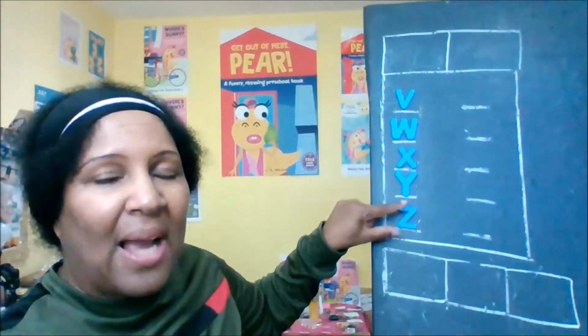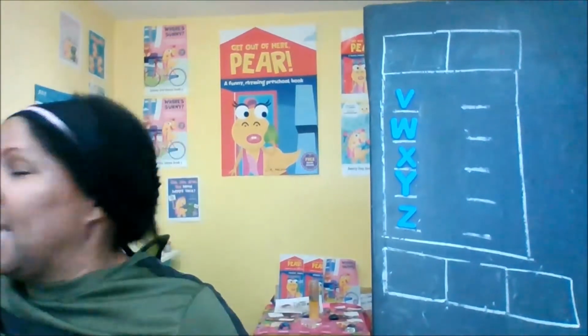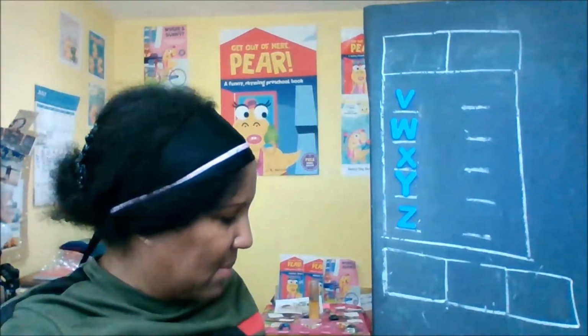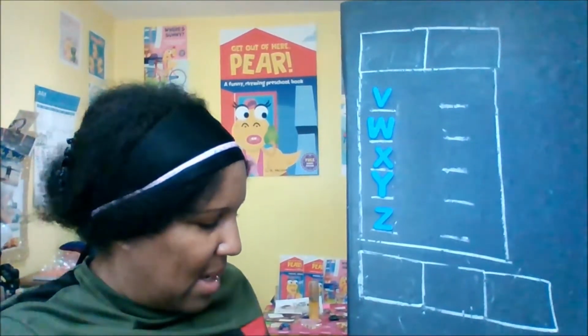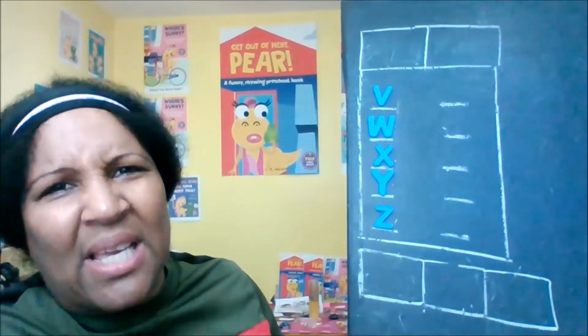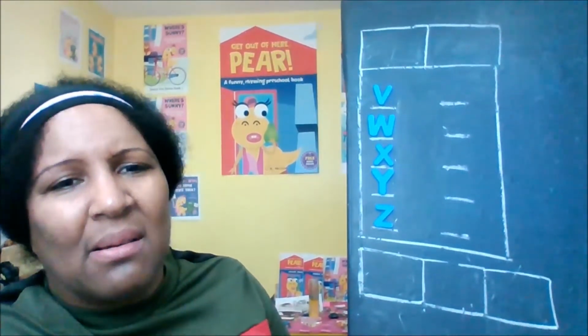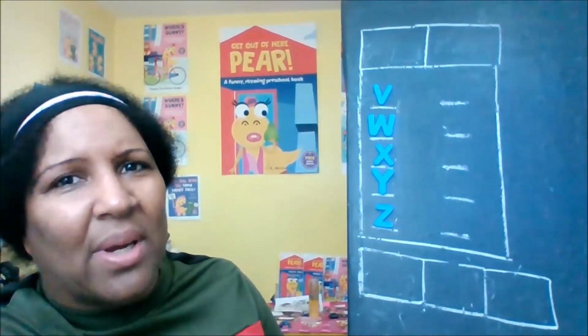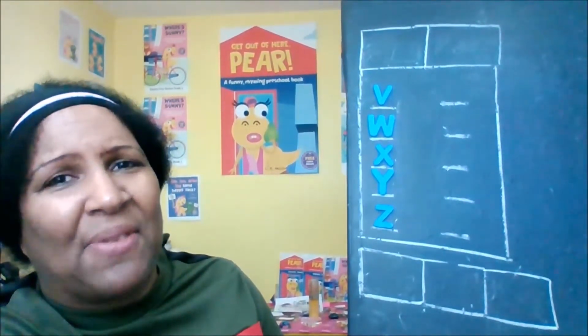So let me go find the lowercase or the small letters. And I'm going to put them out of order. This is a pretty easy one to match because the uppercase and the lowercase look almost the same, if not the same.